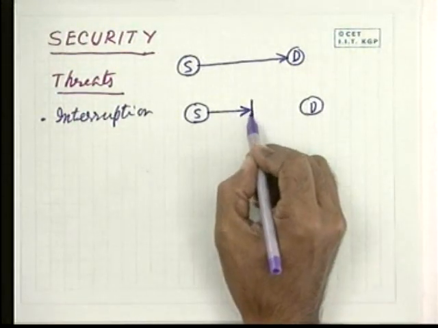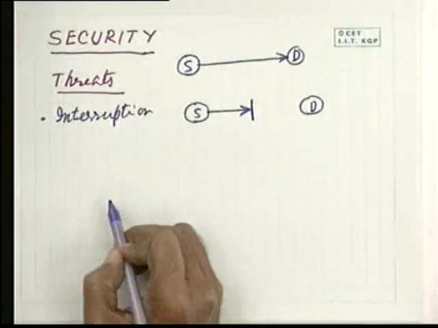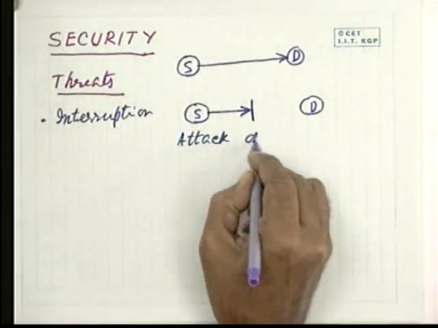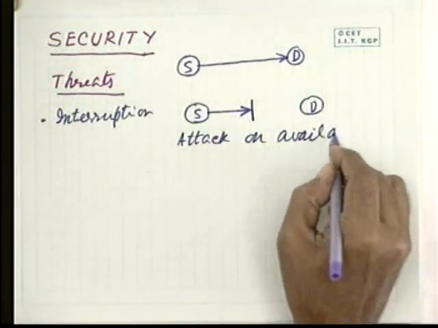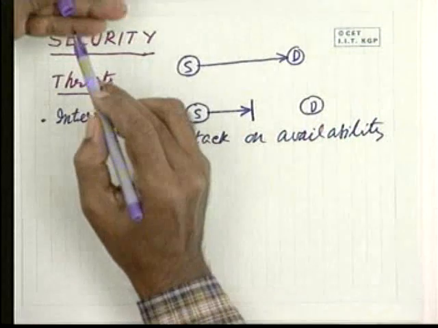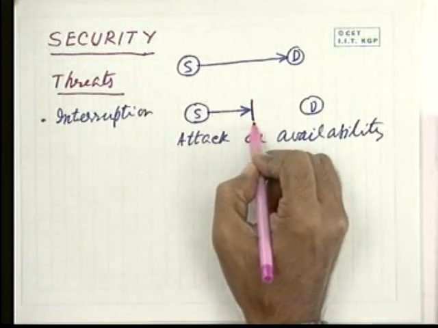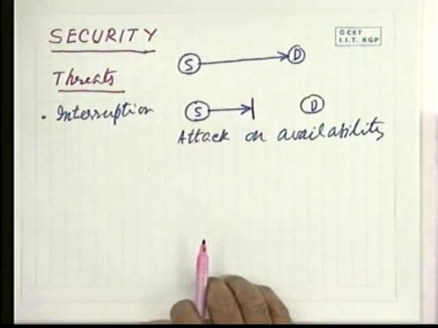It is somewhere obstructed by some unknown agency. For example, your telephone connection is cut, so you cannot reach others, or your hard disk is damaged, so you cannot access the information stored in it. That is interruption, and we can call it an attack on availability. That means the resources which are supposed to be available to you are made unavailable.